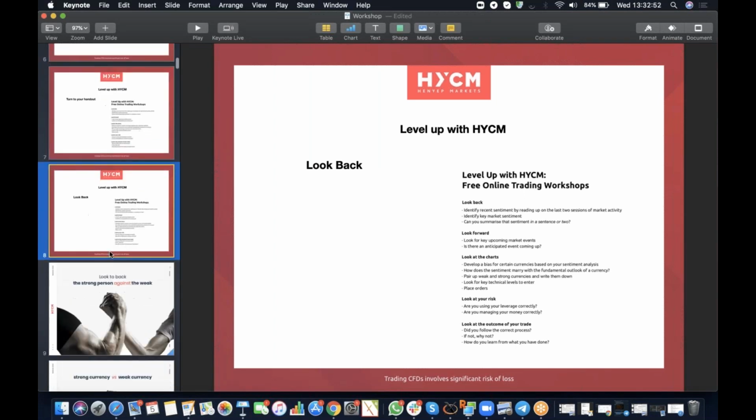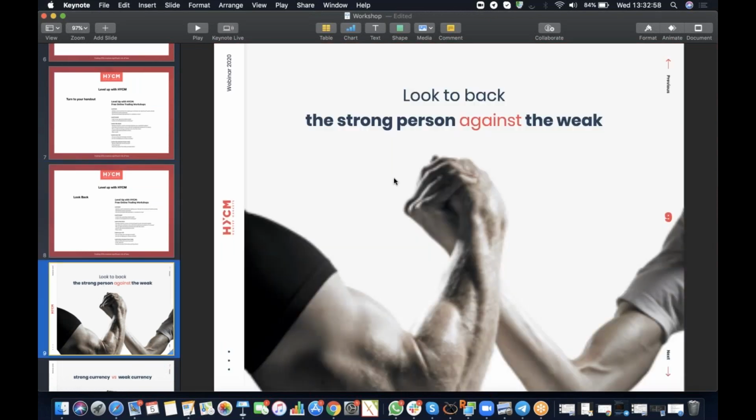Now, the key principle we're looking at understanding is how to trade strong currencies against weak currencies. We're always looking for reasons in order to take a currency position.